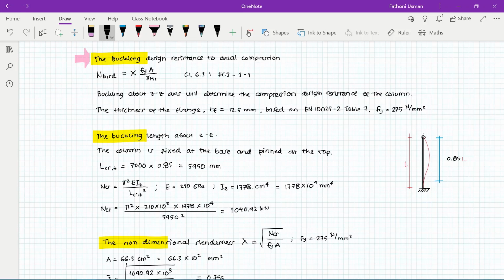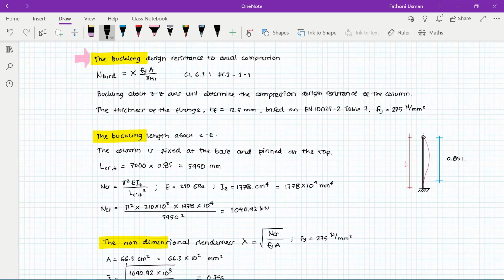So without any additional bracing, without any reduction in the length, and without any adjustment on the support condition at both ends, the z-axis is the weakest axis. If you install bracing about z-axis, that will reduce the effective length.